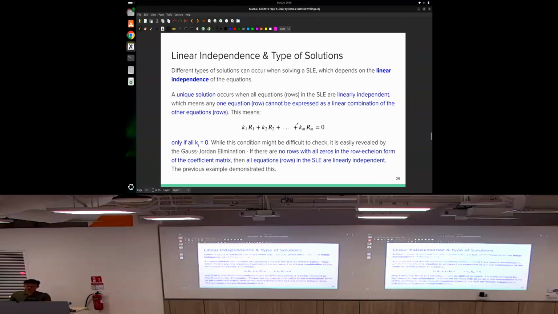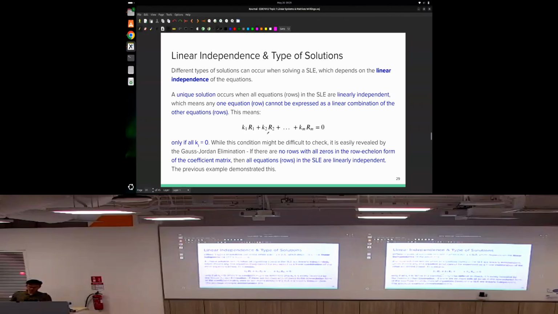And if you can get 0 here, that means the rows are not fully linearly independent. That means there is, for example, one row that is dependent on other rows. That means one row that can be formed by other rows. Now, what is linearly independent?